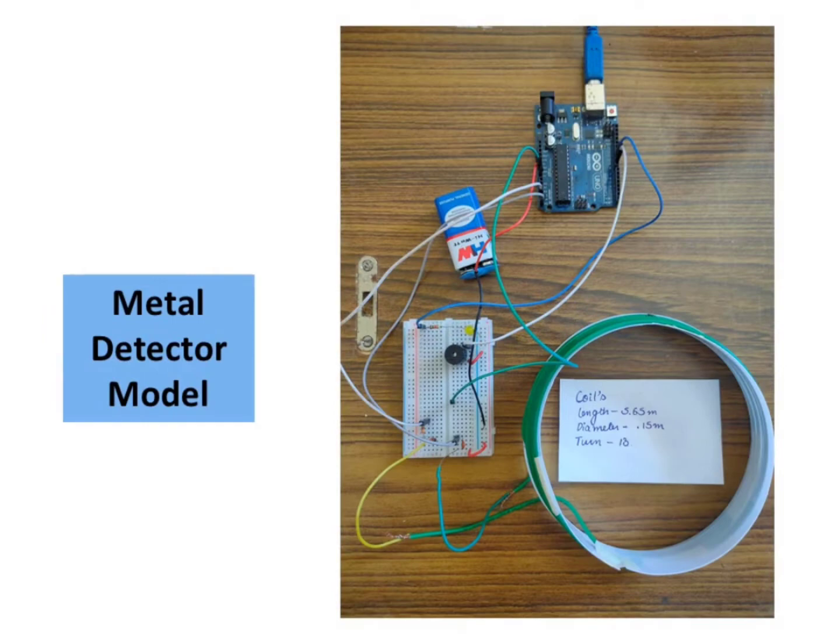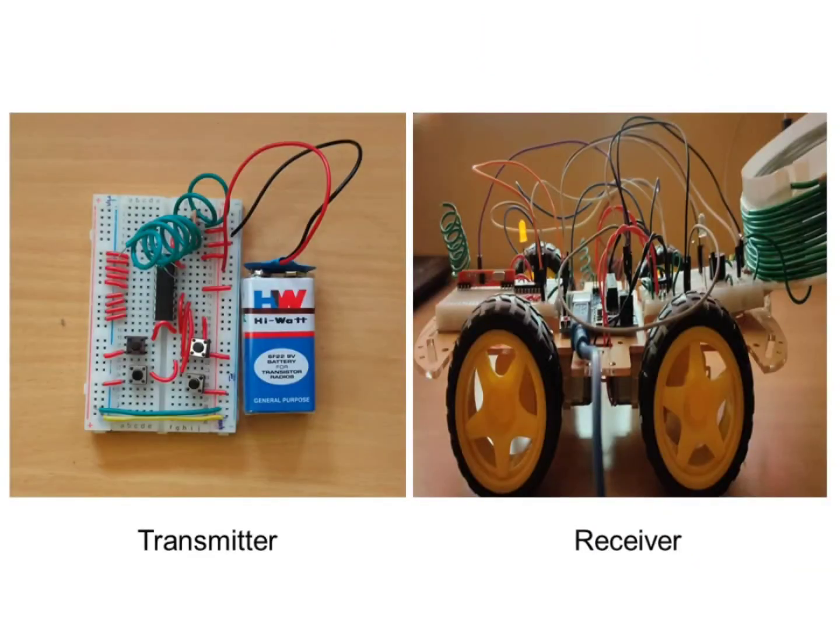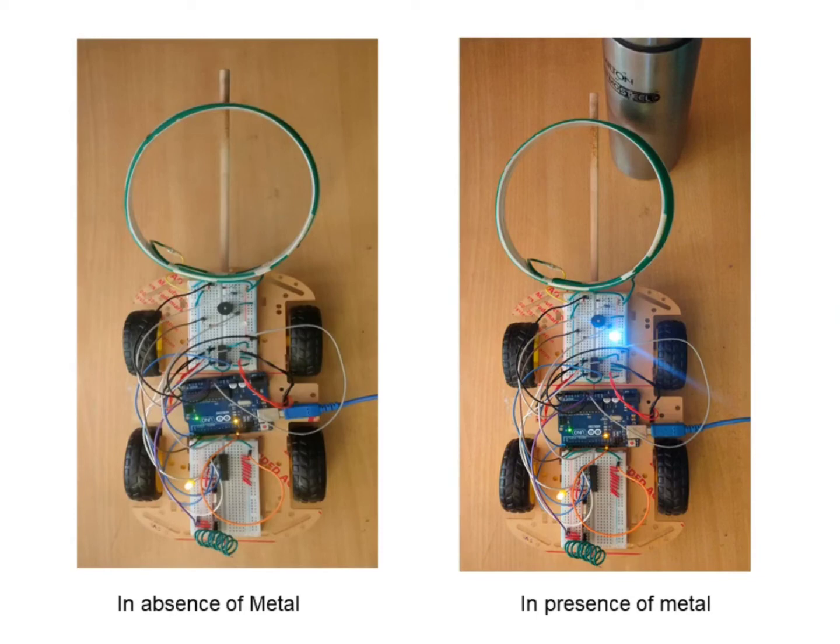Coming to our prototype, this model is of the metal detector. The one on the left-hand side is the transmitter and the other one is the receiver. So we have two conditions in our metal detector: one in presence of metal and the other in absence of metal.